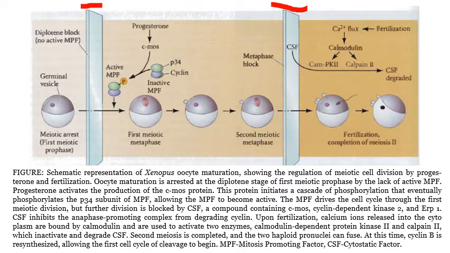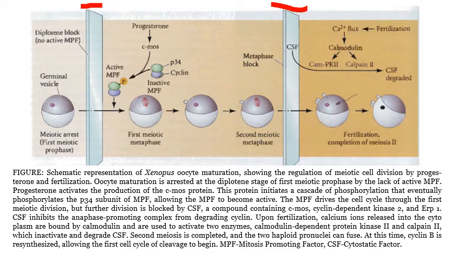This block is removed only when progesterone is present. This progesterone helps in secretion of c-mos, and this c-mos helps in converting inactive mitosis promoting factor to its active form by phosphorylation. The phosphate group is added, and inactive MPF becomes active MPF, and MPF in turn is formed of two subunits.